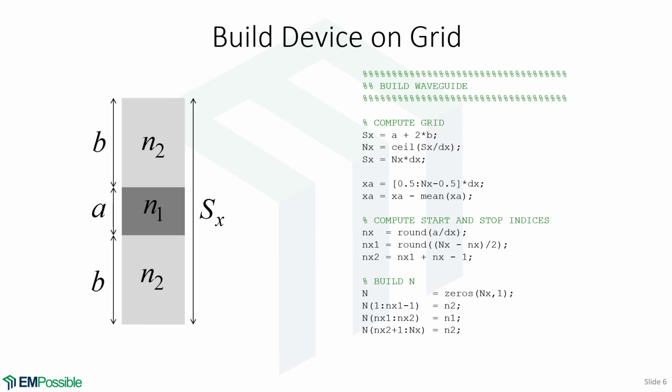Then I'll calculate what I call axis vectors. This will be the center position of each cell in our one-dimensional grid. The first thing I'll do is create an array that goes from 0.5 all the way up to number of cells minus 0.5. So this array is going 0.5, 1.5, 2.5, 3.5, all the way up to the end, so that when I multiply by the cell size, now I have an array that is the center position of each cell.